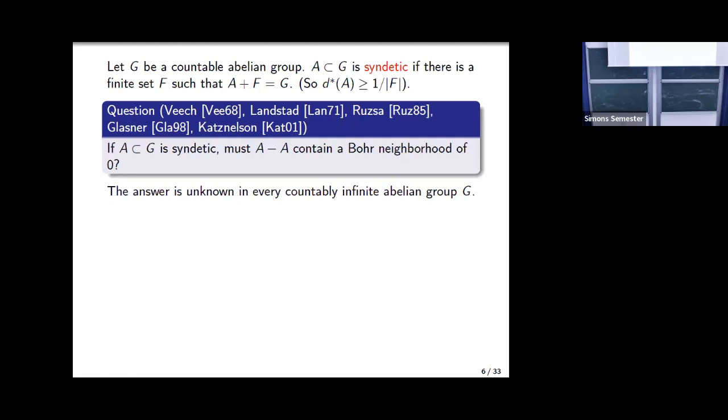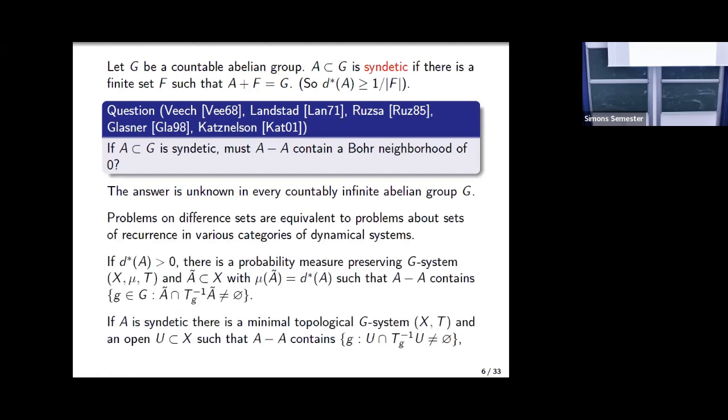The question is: if you have a countable abelian group and a syndetic subset of that group, must the difference set contain a Bohr neighborhood of 0 in the group? And the answer is unknown. There's no countable abelian group for which the answer is known. I'm going to try to look at some examples in F3, the countable vector space over F3, and see if you can say anything interesting there.